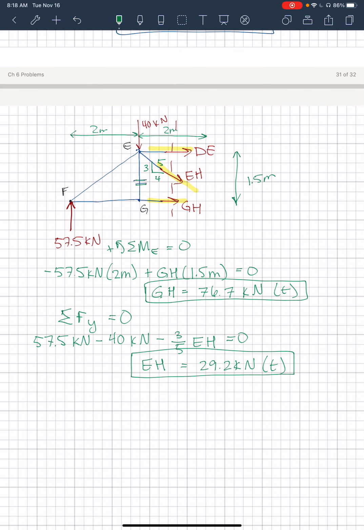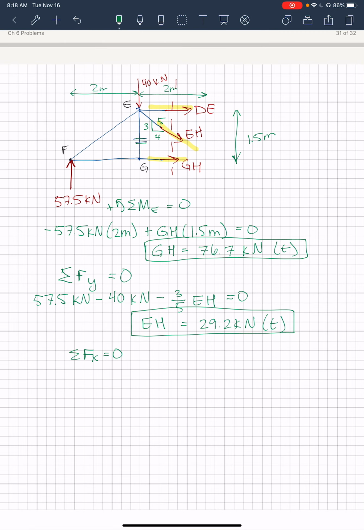The last one we need to find is DE. So now we can sum the forces in the x direction. DE is all in the x direction, so DE plus the x component of EH, which would be 4 over 5 times EH, plus GH equals 0.